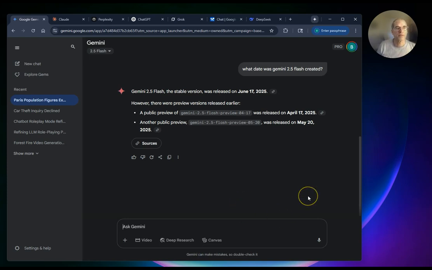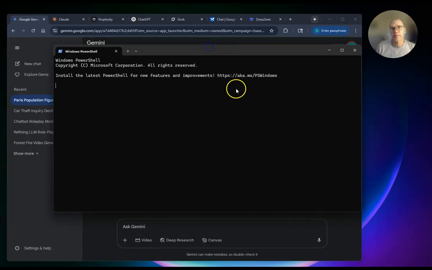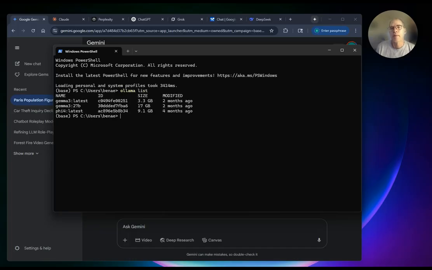So if I were to ask one of those smaller models that's running on my computer, for example, I do have some sitting here on my computer, and it's using a program called Ollama. I have a model that I downloaded called Gemma 3, which is produced by Google, but it was one of the little baby models.